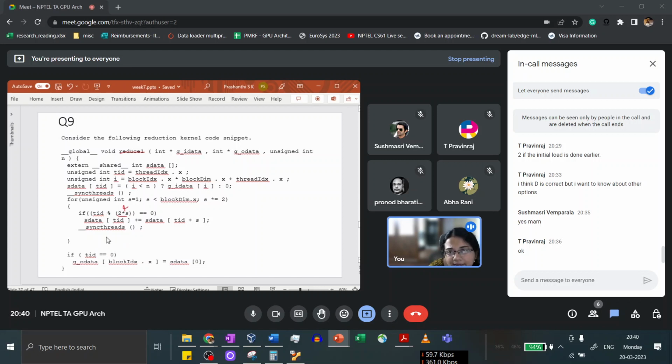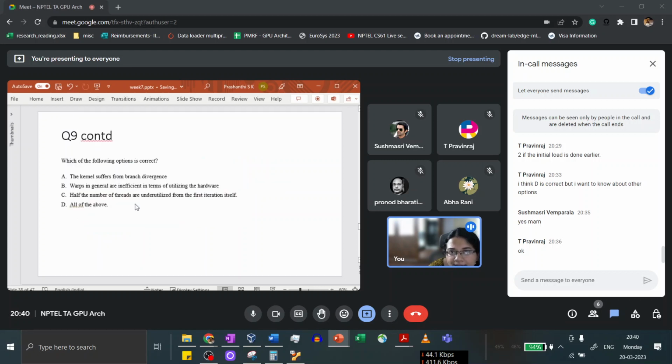The other 3 will not, right? So the divergence is definitely there, and as this stride increases, as s keeps getting multiplied by 2 each time, so next it becomes 8. So one thread in every 8 will satisfy this condition. So that's why it is definitely divergent, and it's highly divergent, right?